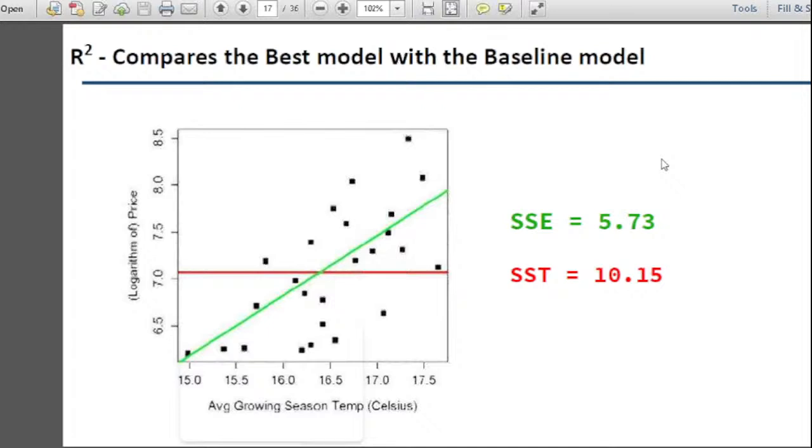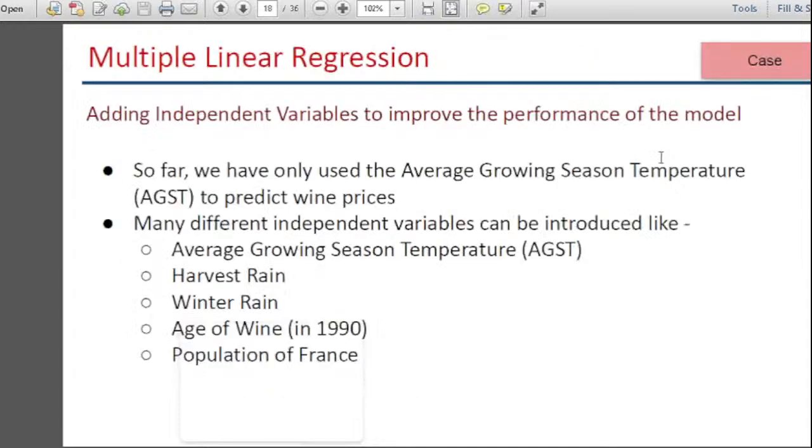Okay, now till here, to explain the concept, I have used only one independent variable, right? Because our mind can easily visualize it and correlate it. Now let me bring in other variables: average growing season temperature, harvest rain, winter rain, age of wine, and population of France.